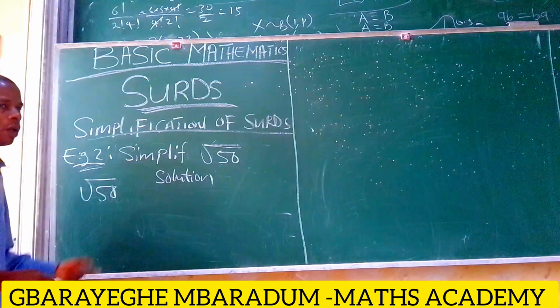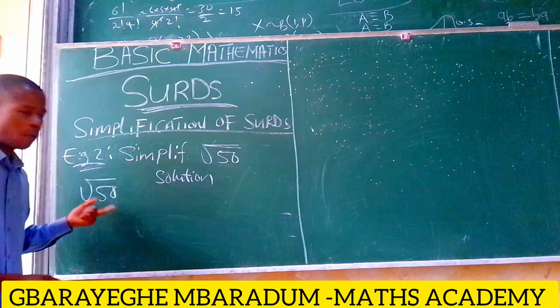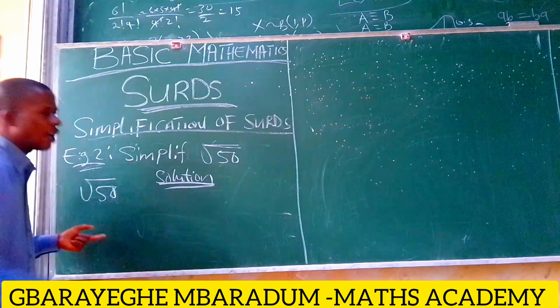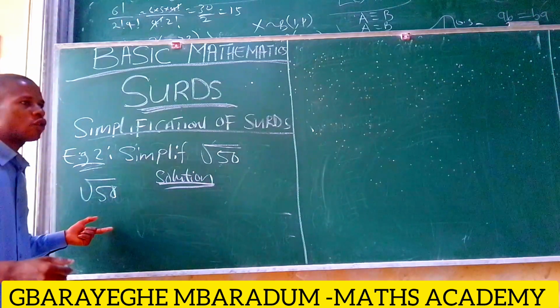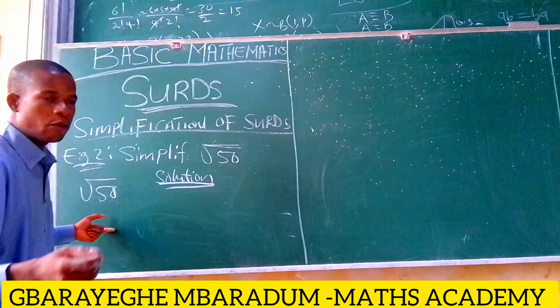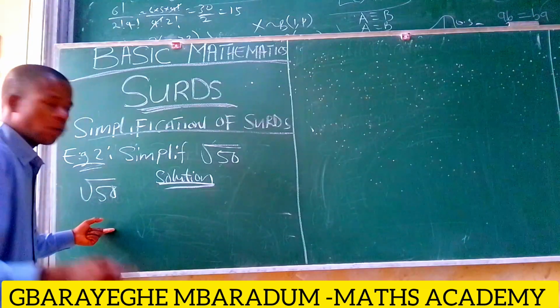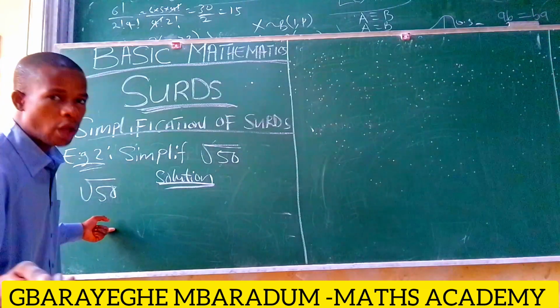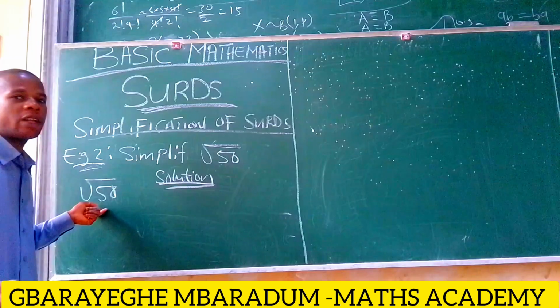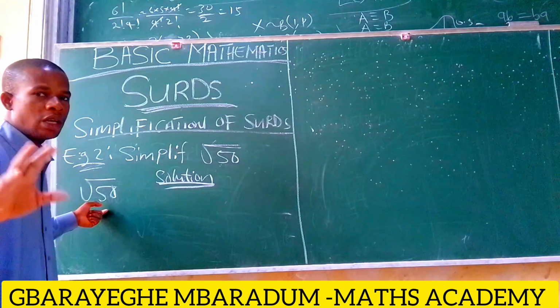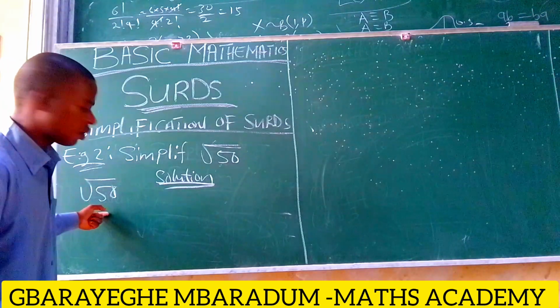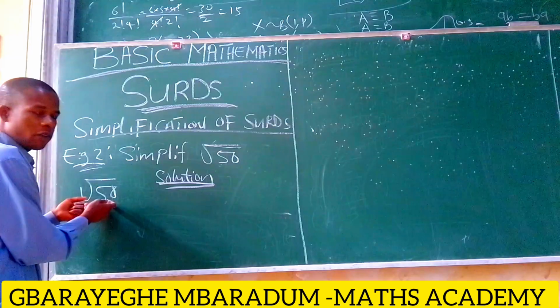That's what they give us. But you know that for us to be able to simplify this, we are going to look for one of the numbers that will give you a perfect number, so that when you take the square root, it gives you a whole number, and look at another number that will give us a simplified surd. So we know that this is 50, right?